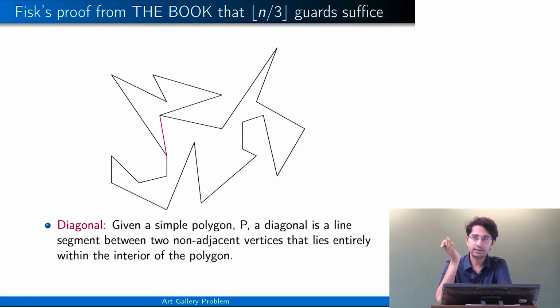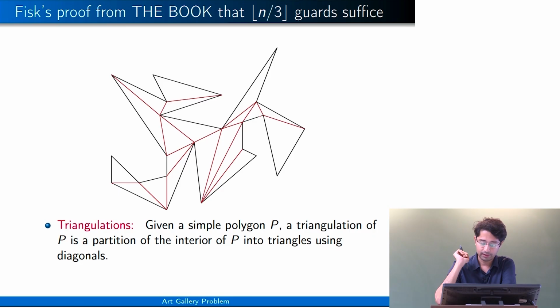Have you already done a class on triangulation? No, right? Maybe today or tomorrow you will do a class on triangulation. Triangulation says that you can always partition a polygon into triangles using diagonals.